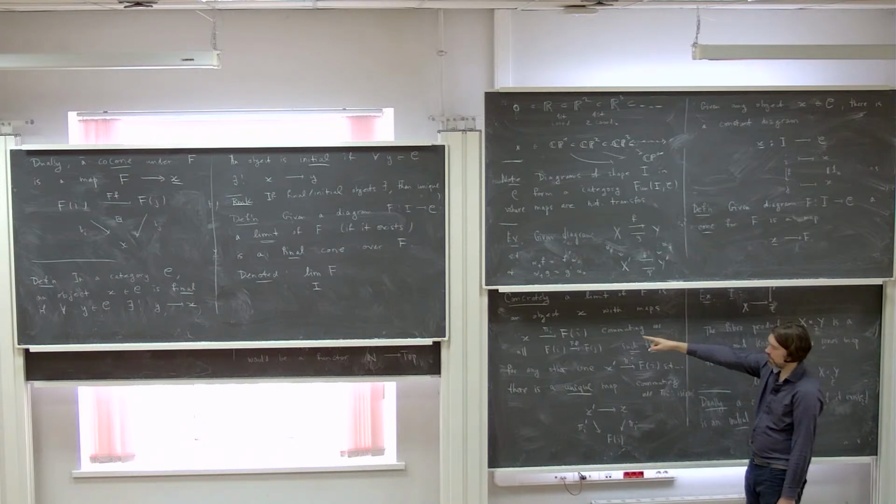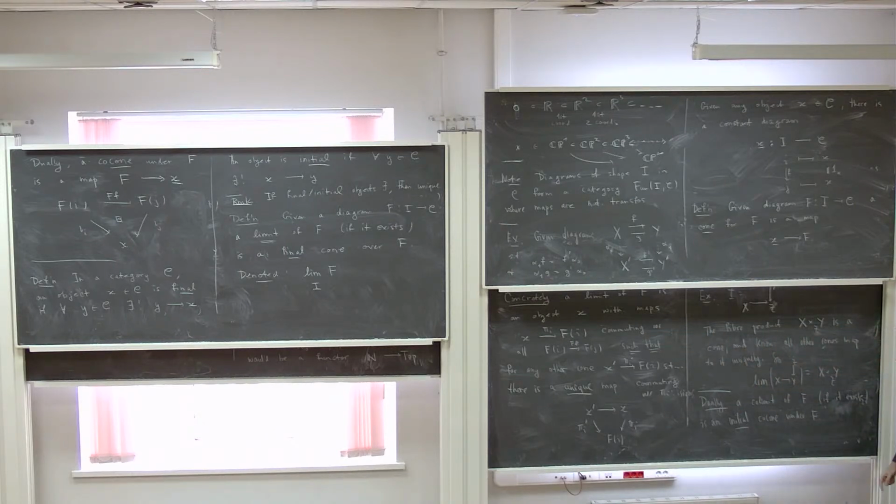There will be a map from F of I to this cocone, where everything commutes. And given any other cocone, this initial one maps to it.